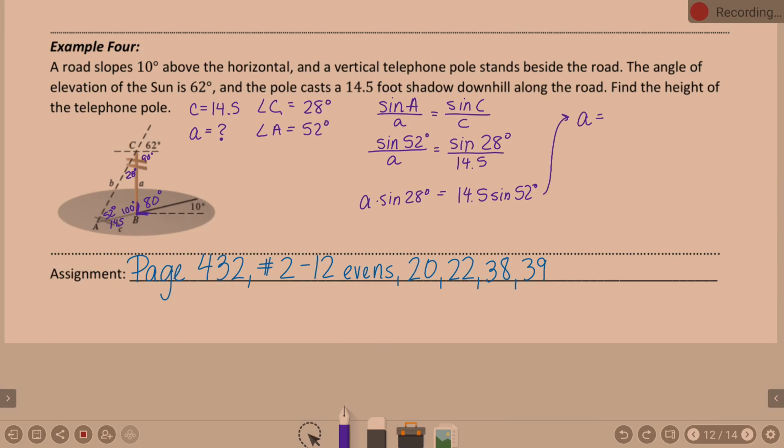So I personally would be plugging in 14.5 times sine of 52 degrees divided by sine of 28 degrees. What's the calculator giving you? 24.3389, about 24.3. 24.3 what? Feet.